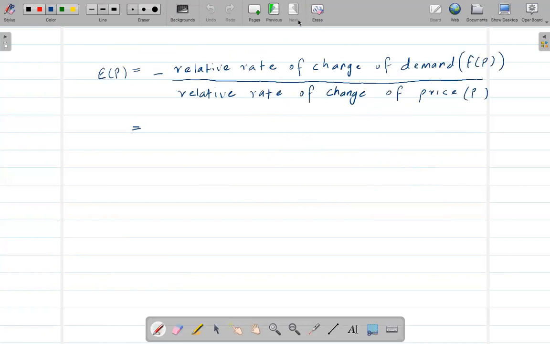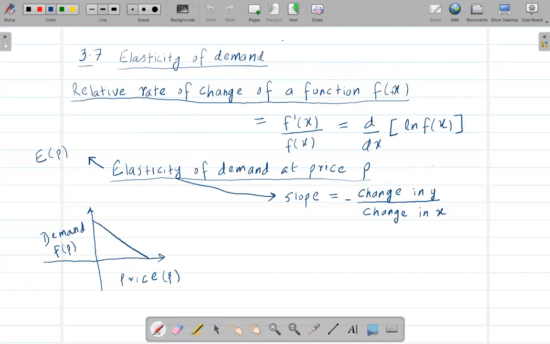So here, now what we're going to say is that since we have a relative rate of change of f of p, this also means d over d, what we're going to have here. Since here we have f of x, that's why we take the derivative in terms of x.